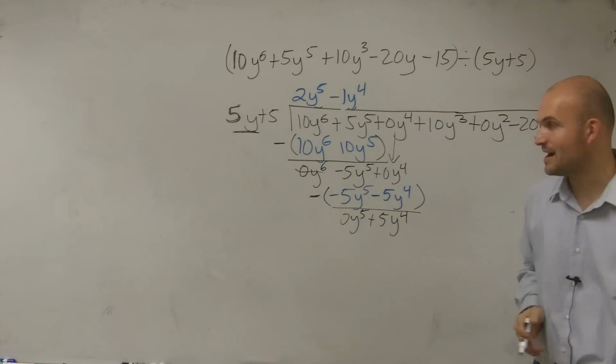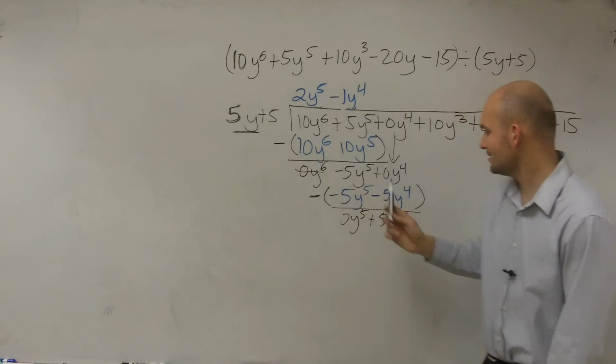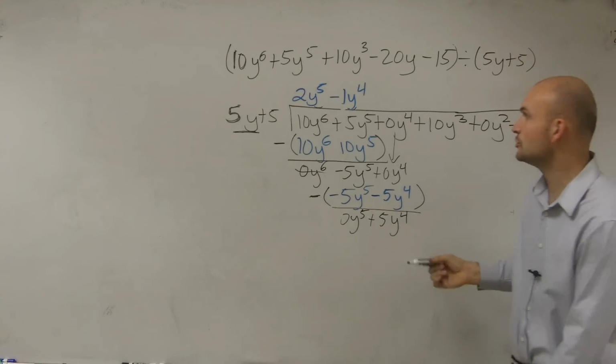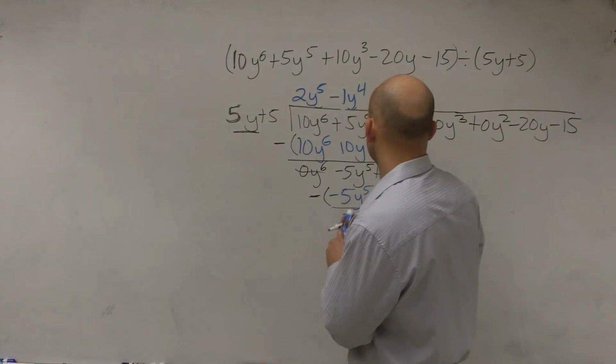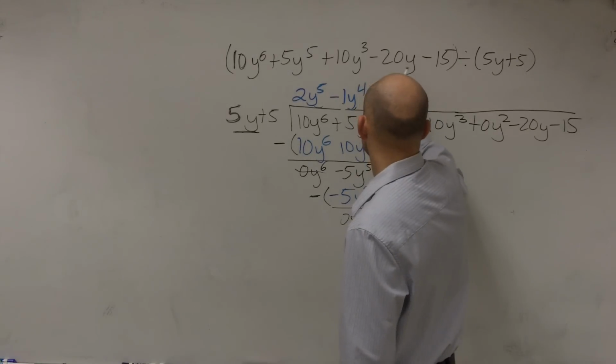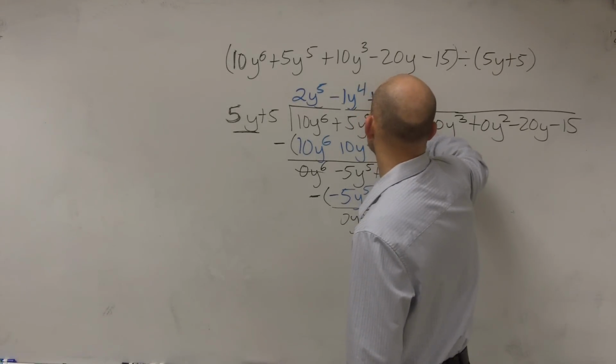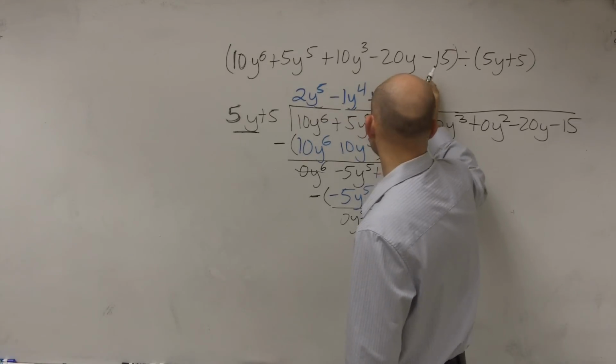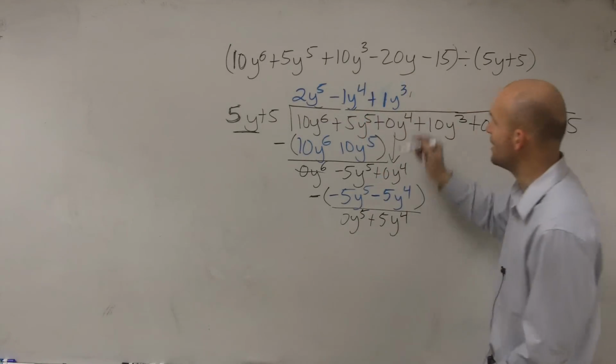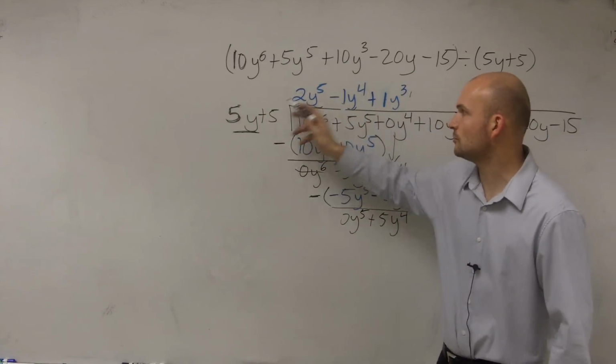Then we just go back through it again. 5y divides into 5y to the 4th, plus 1y cubed. Then we multiply again by both terms.